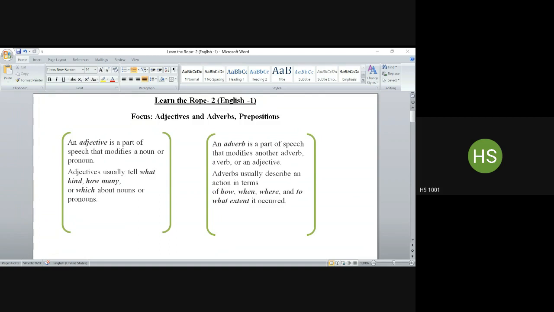In case you have any of these, then this should be the order: determiner, opinion, size, age, shape, color, origin, material, and purpose, right? So this is how you need to arrange your adjectives when you have more than one adjective in a sentence. Just one, obviously not a problem. But in case you have two in a sentence, this is the order that you need to follow to arrange them properly.